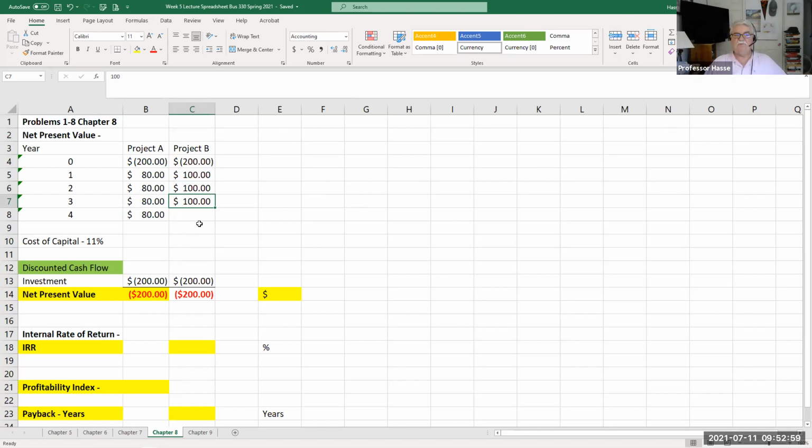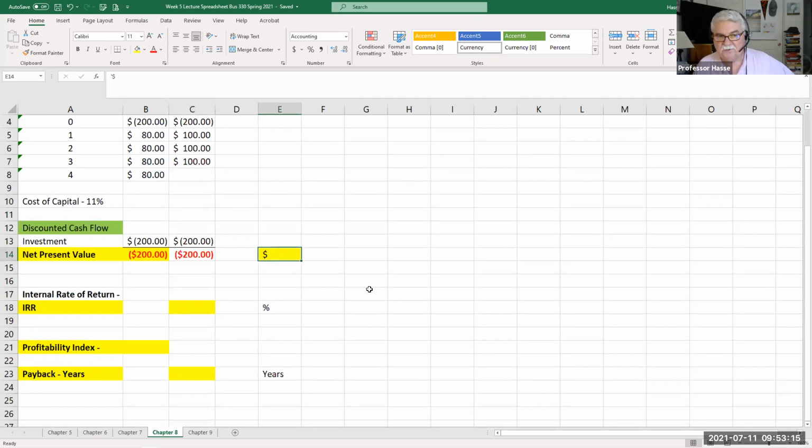All right. Well, there are 4 calculations discussed on those pages that I've given you in chapter 8 that define these 4 ways of determining. The net present value method is determining return in dollars. The internal rate of return method is determining the return in percent.